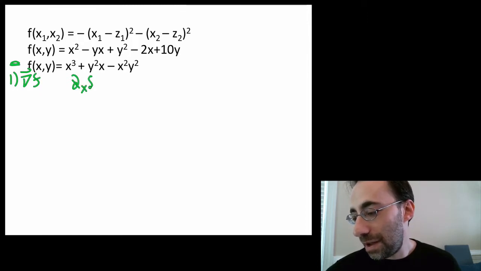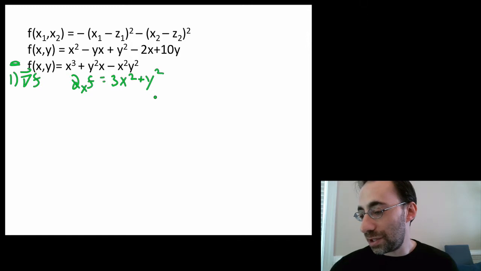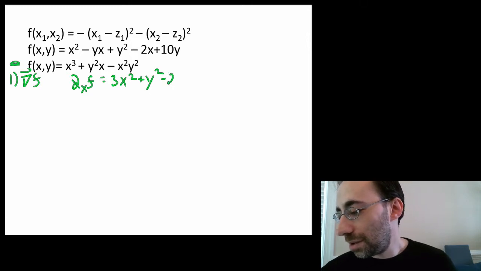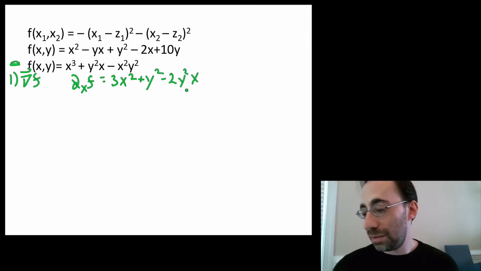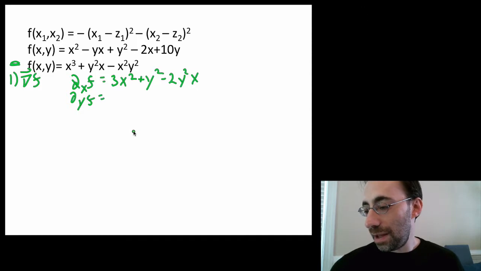So the partial with respect to x of f is going to equal 3x squared using the power rule, plus y squared, since y squared is a constant, minus 2y squared x. And the second one's going to be the partial with respect to y.